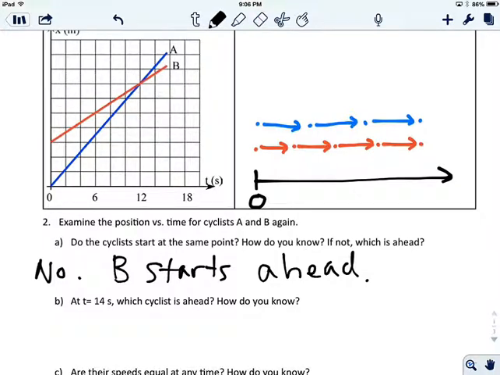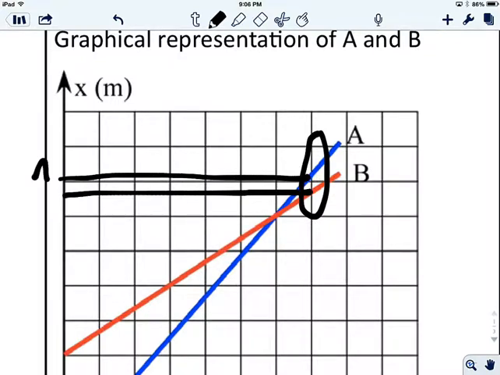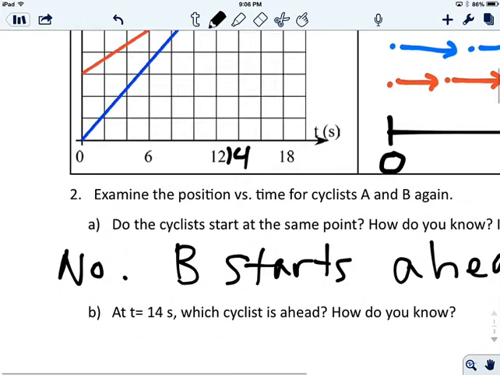Okay, if we look back up here, t equals 14, well, it looks like I'm counting by 6, 8, 10. I'm counting by 2s. So 14 is going to be right here. Let's look up at 14 and compare right here. Which cyclist is ahead? If we trace over to the side, I see that A is actually a little bit ahead of B. So the line that is higher on the graph at any given time is the one that's ahead.